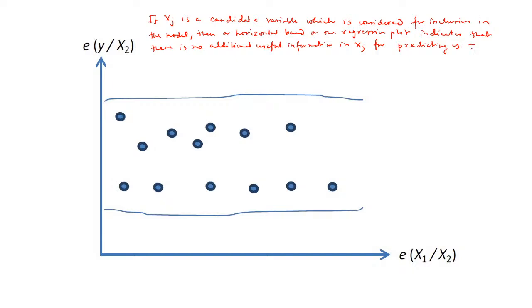This indicates that beta j is nearly 0. That means if your partial plot looks like this, then the corresponding explanatory variable is not useful.